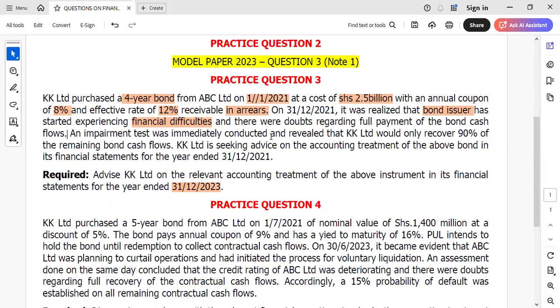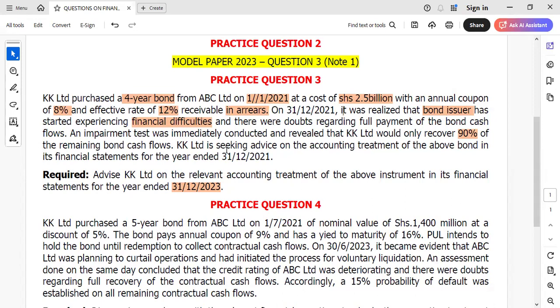An impairment test was immediately conducted and revealed that KK Limited would only recover 90% of the remaining bond cash flows. At this point, you must test for impairment.